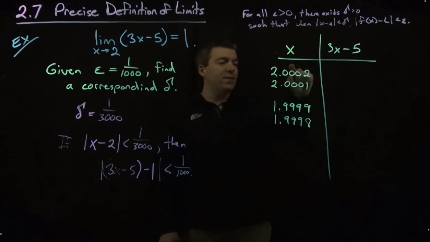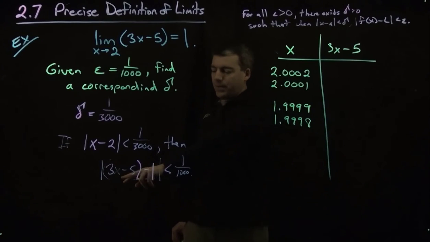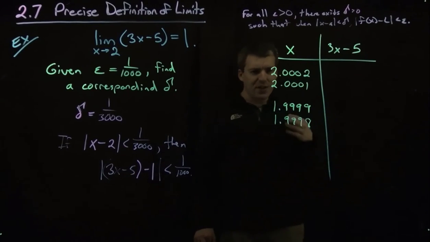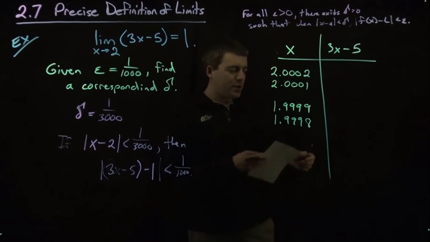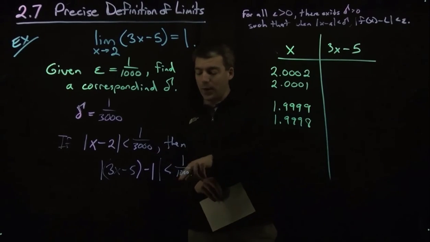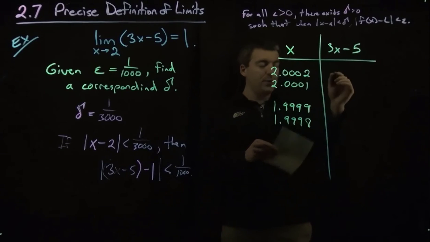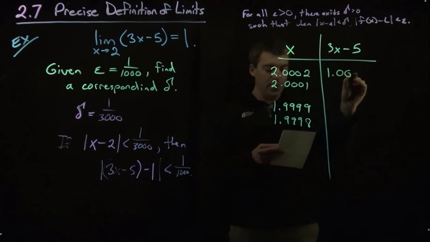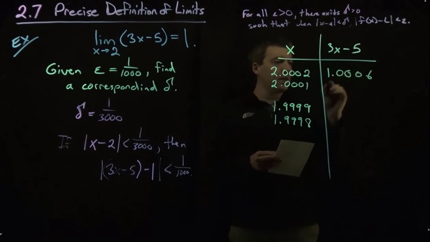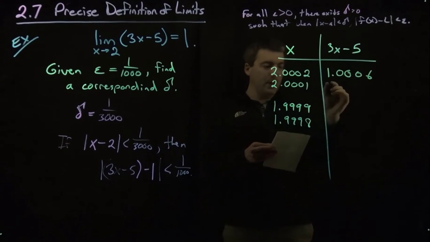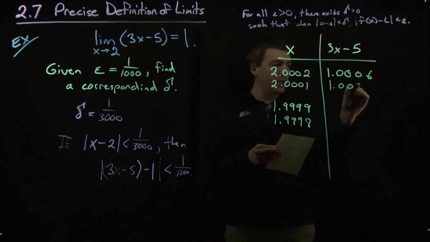Okay, and then if you take this value and plug it into the function, right, we're going to get some output, and we'll see that that output is close to 1, or within 1/1000th of 1. So, for example, this 2.0002 ends up being 1.0006. The next one here is 1.0003.